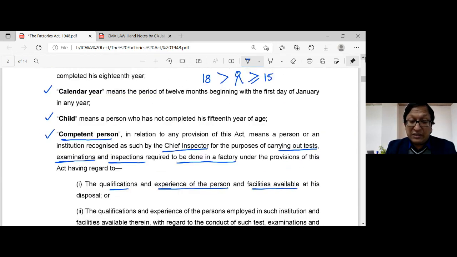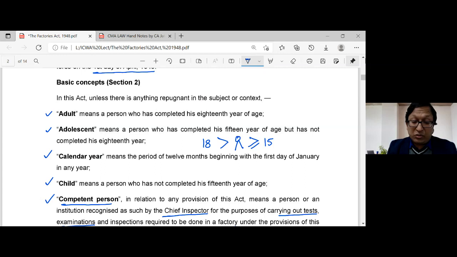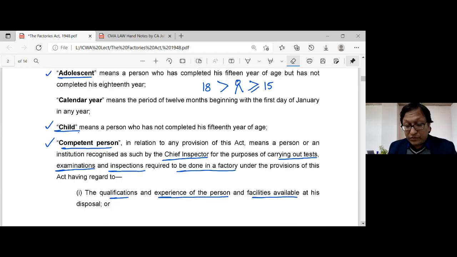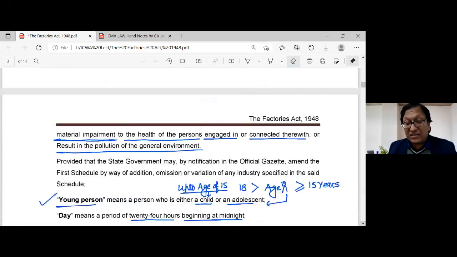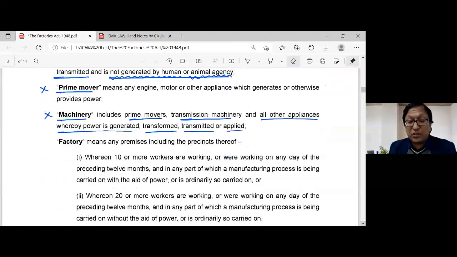The ticks are the same. Adult, adolescent, child, these definitions you need to learn. I'll erase this one, that will help you. Wherever I have made ticks, these definitions you need to learn.